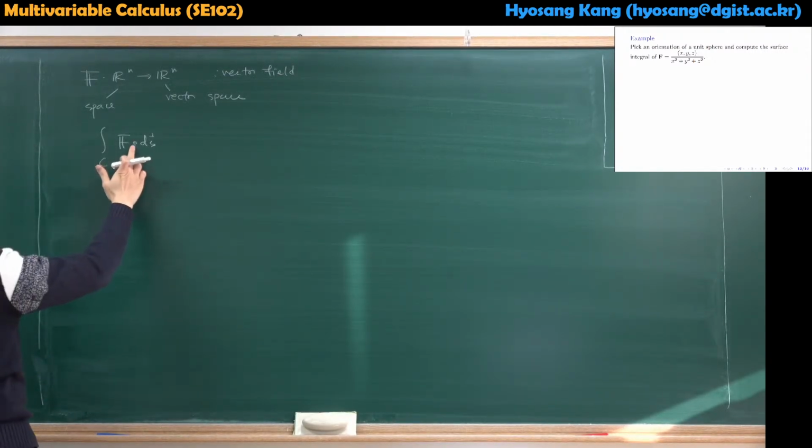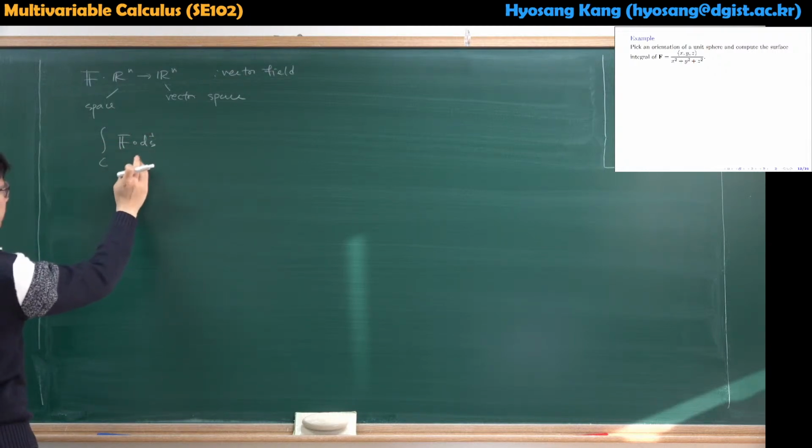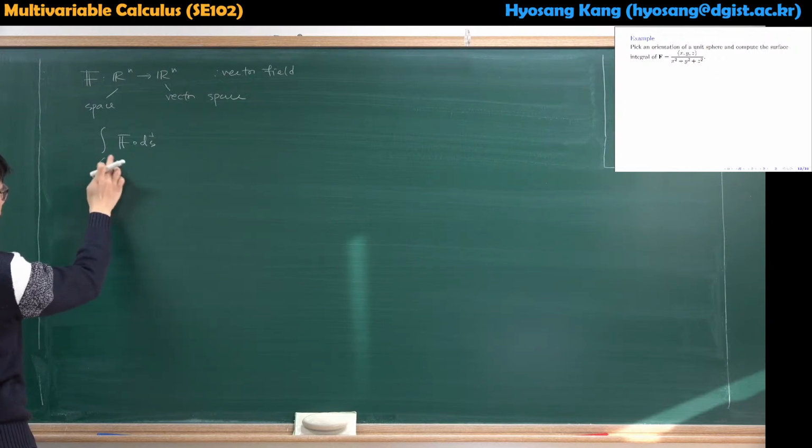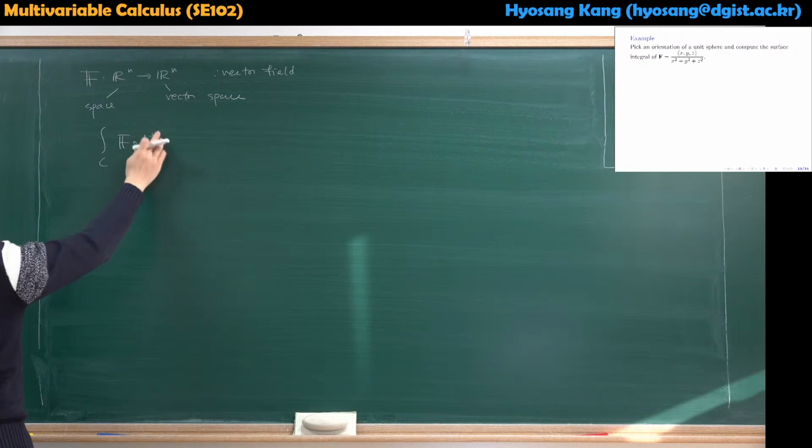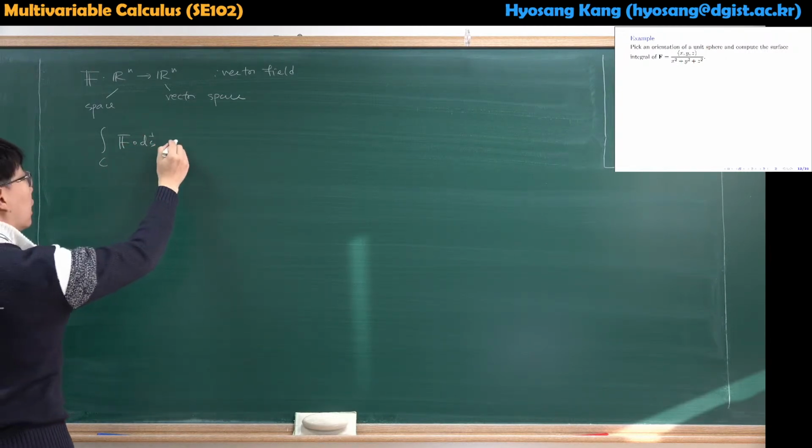And this symbol, which is the dot, means it's an inner product between the vector field and this infinitesimal amount of this line C, a curve C, with a direction and a size. So it's kind of a vector. So this is just a symbol representing the line integral.